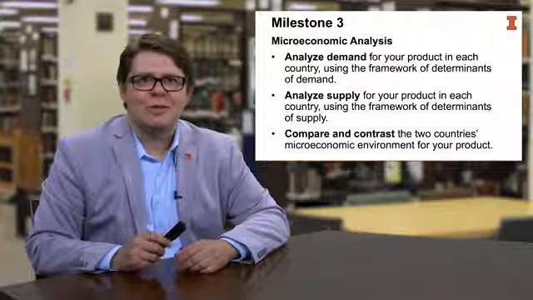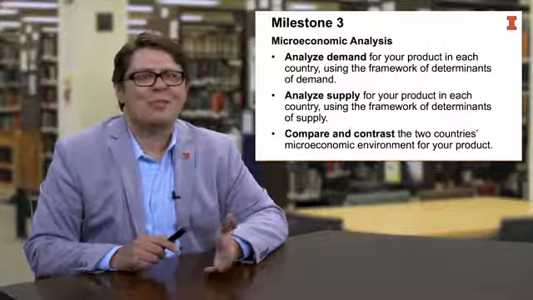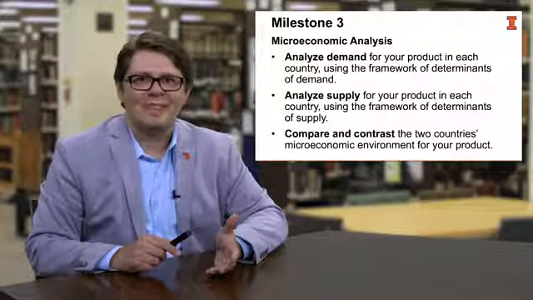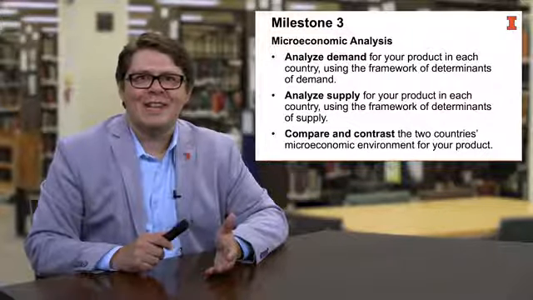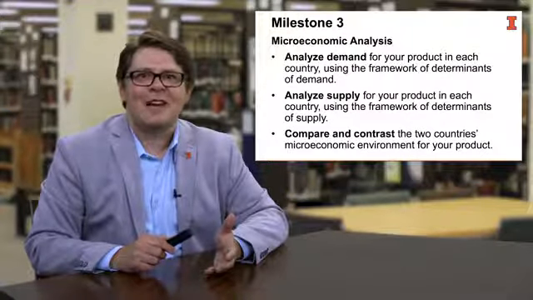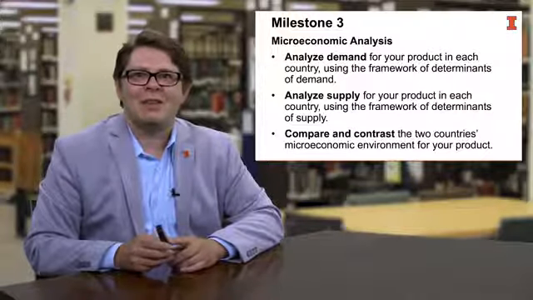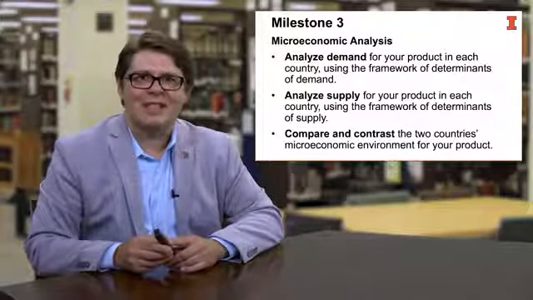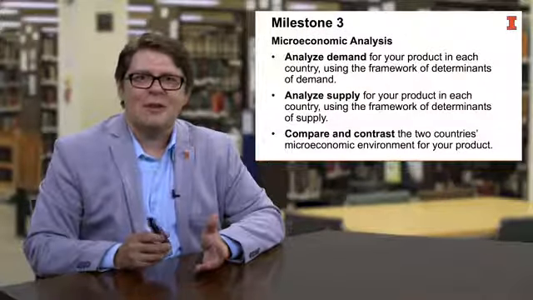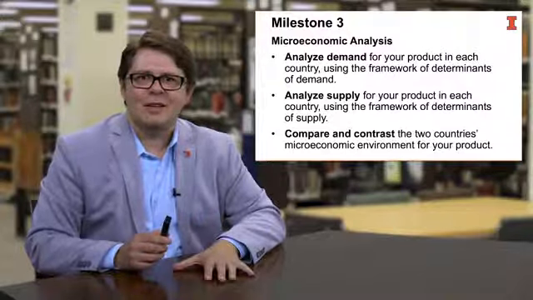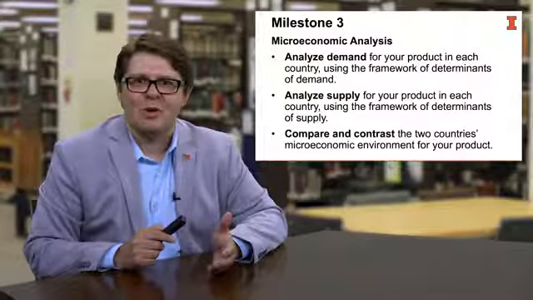So milestone 3 now deals with microeconomic data. And so what is microeconomics? Well, our key microeconomic model that we've used is that of supply and demand. So you'll be analyzing the demand for your product in each country using the framework of determinants of demand. You'll be analyzing the supply of your product using determinants of supply as your framework as well.